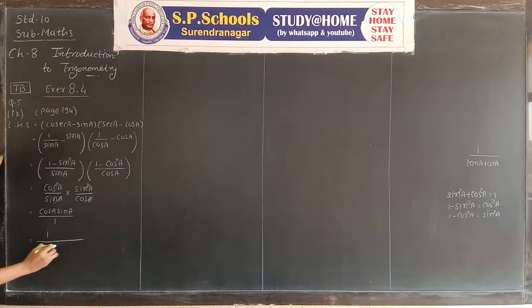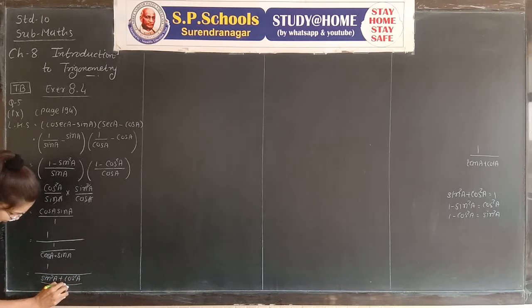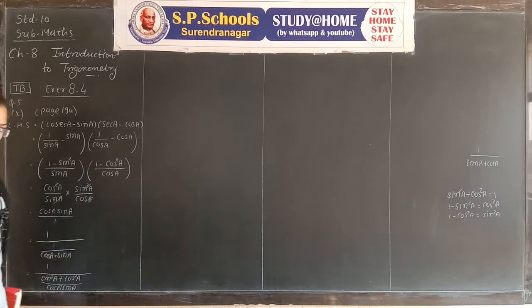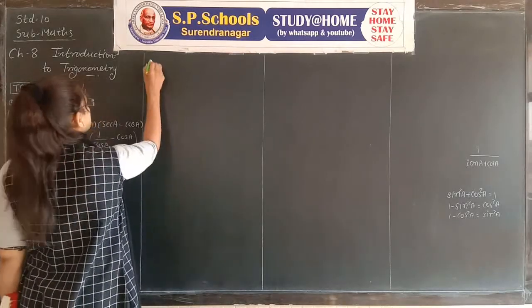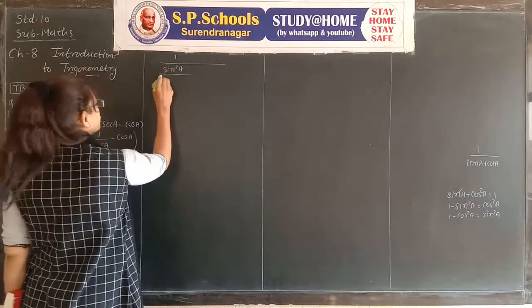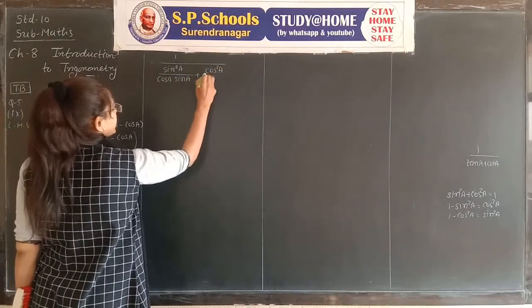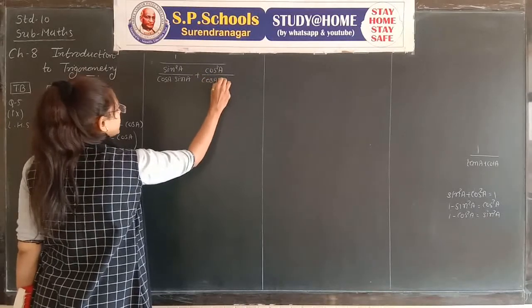Write it as 1 upon cos A into sin A. Now instead of this 1, write the identity sin square A plus cos square A upon cos A sin A. Now substitute cos A into sin A in both denominators: sin square A upon cos A into sin A plus cos square A upon cos A into sin A.